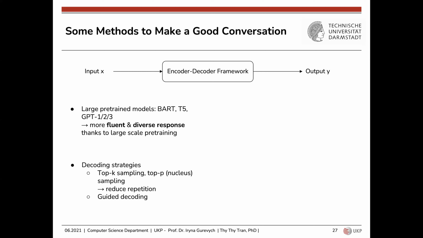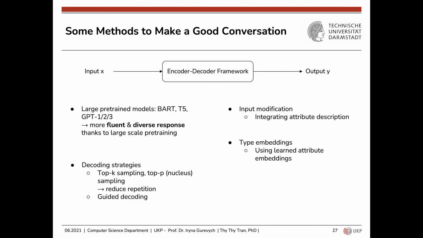So guided decoding can direct the decoder to generate attribute-related output. We can also modify the input sequence to include the attribute description, or to condition the model on the embeddings of such an attribute. Or we can train the model with reinforcement learning, where attribute scores define the rewards.